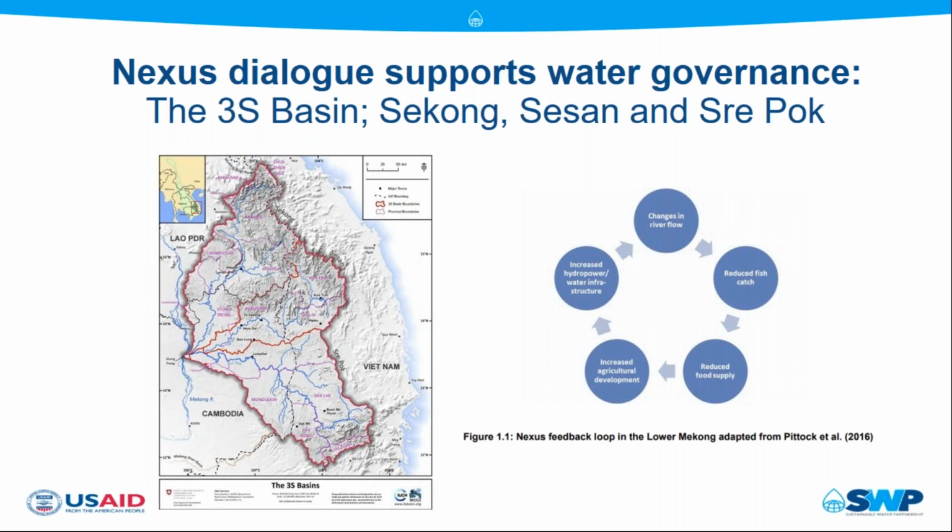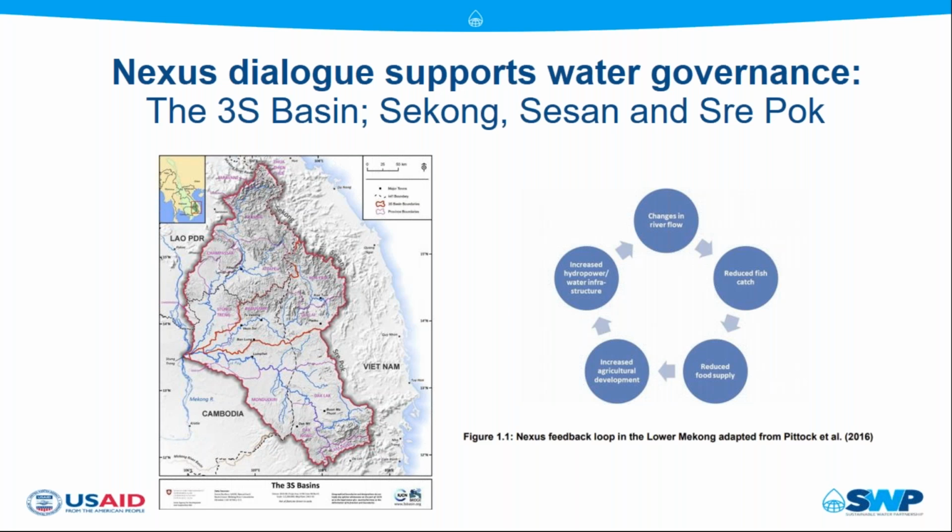Within these three countries, the Sekong, Sre Pok and Sesan, or the 3S river basins, are of special interest because from a nexus perspective of water, energy, food, they create and potentially reduce environmental trade-offs and we can develop solutions from understanding these for the benefit of the three countries.